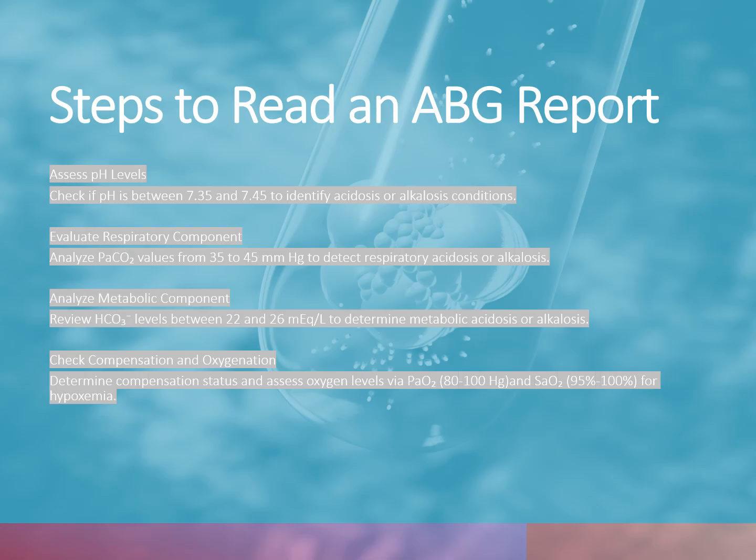If you had the oxygen levels below 80 or the saturation below 95, that would indicate hypoxemia, and you would need to provide further clinical attention because the patient is having some issues, and that would be a cause for concern.